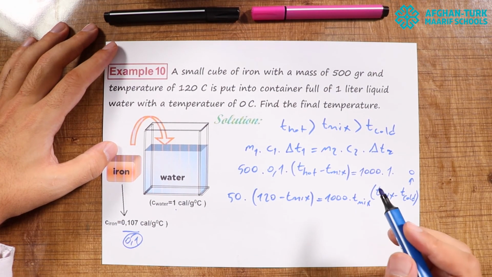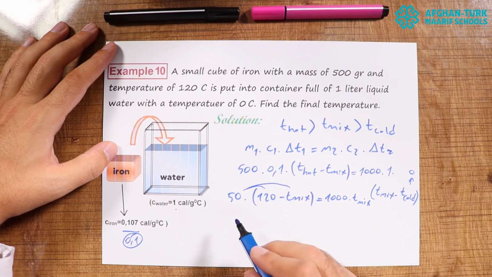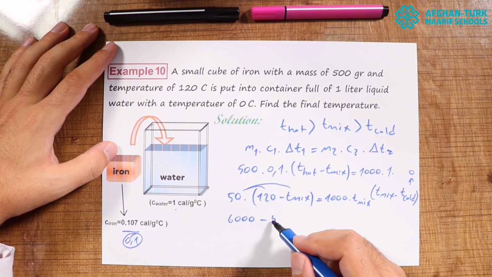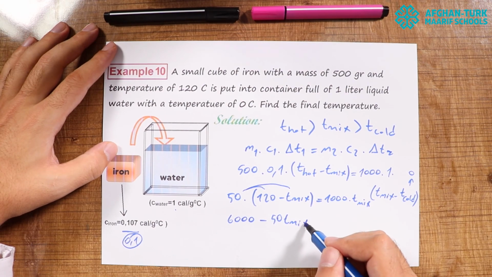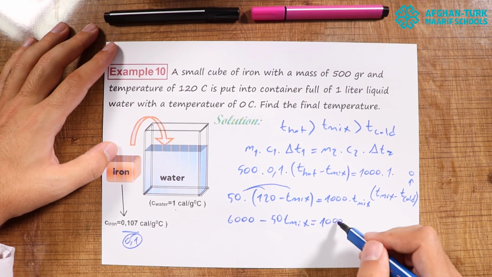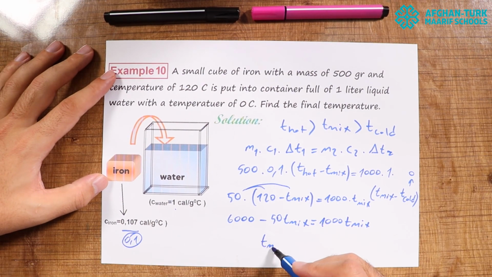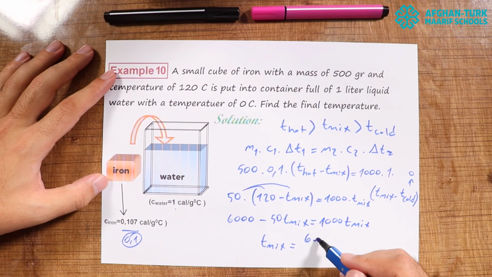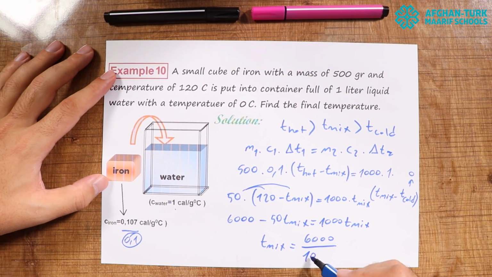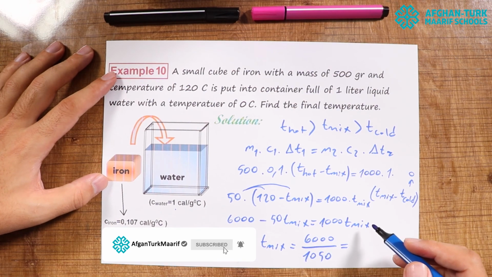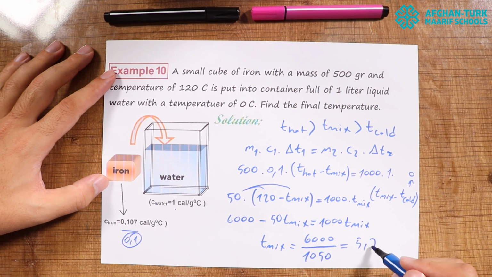So from here I can have 6000 minus 50 T mix equal to 1000 T mix. T mix is equal to 6000 divided by 1050, and that's equal to 5.71 degrees Celsius.